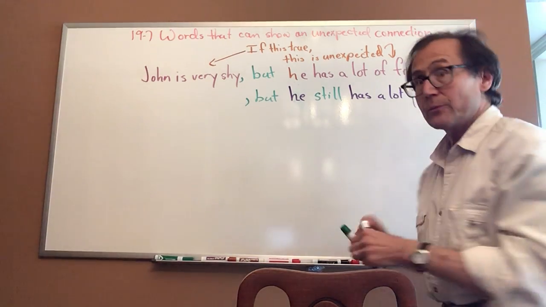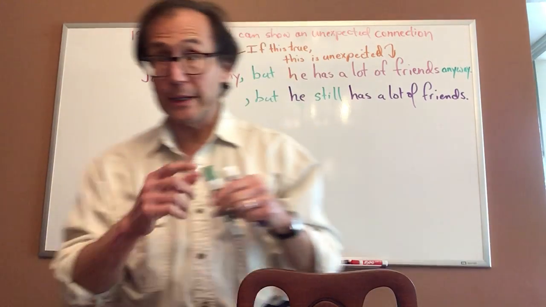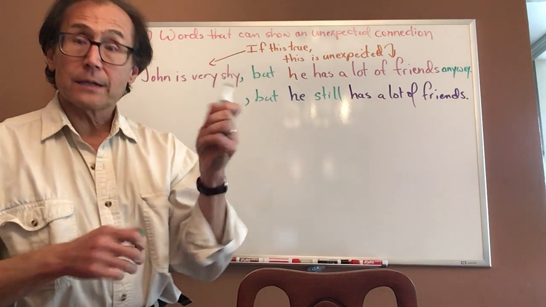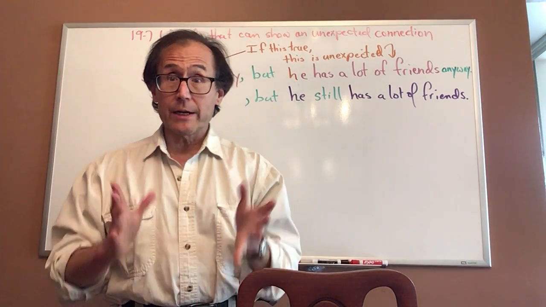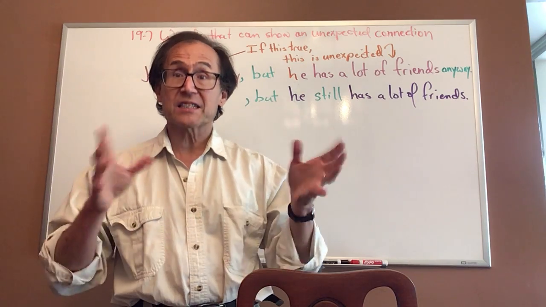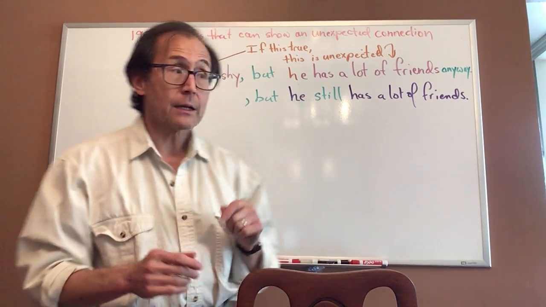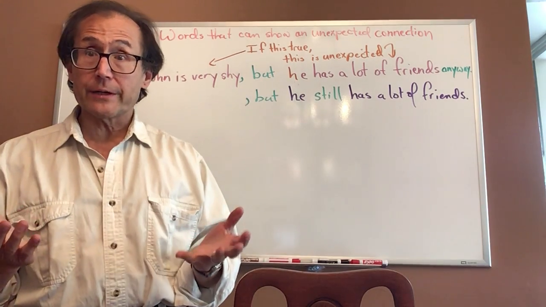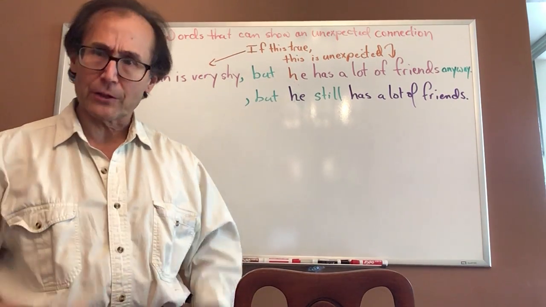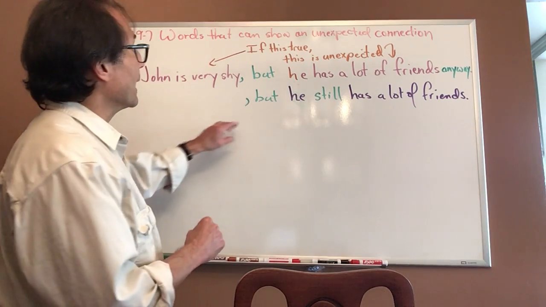It works very much the same way as anyway in terms of its meaning. It makes it a lot clearer, a lot stronger that yes, this is unexpected. Again, I don't have to say still, but if you want to be very clear, this is unexpected, you can do that.